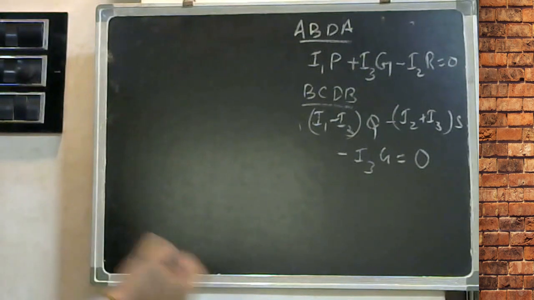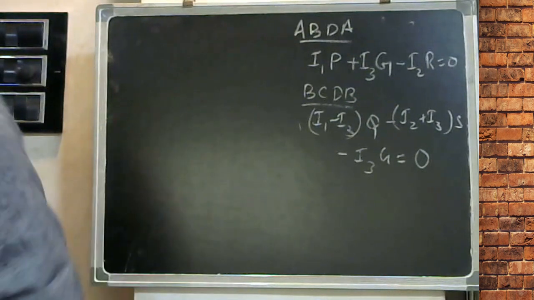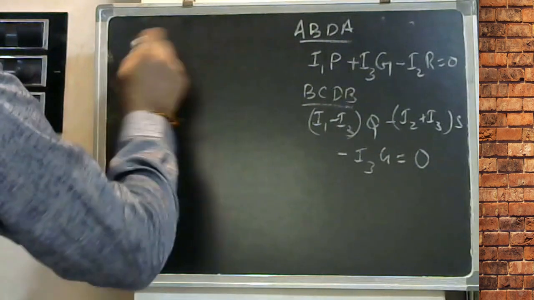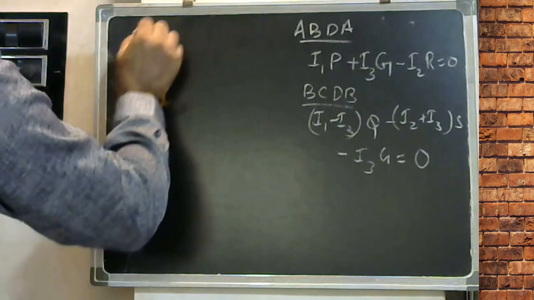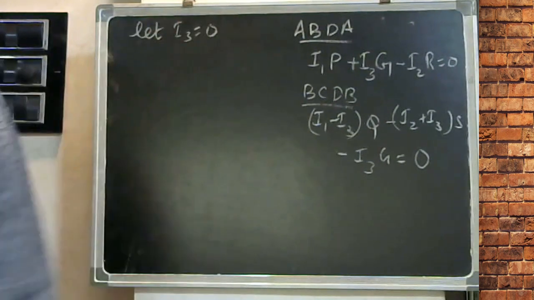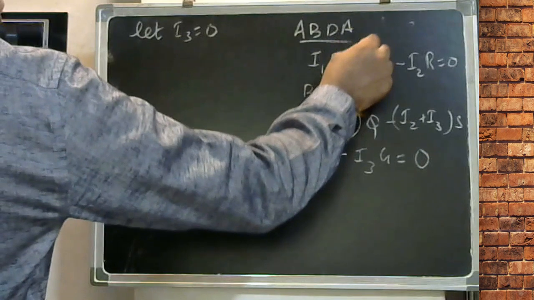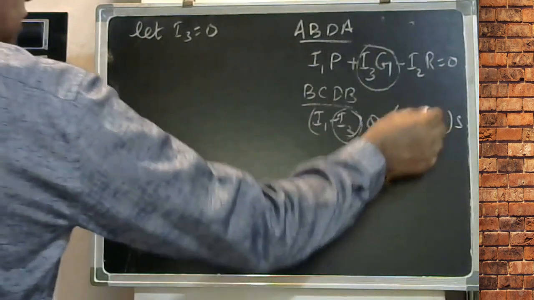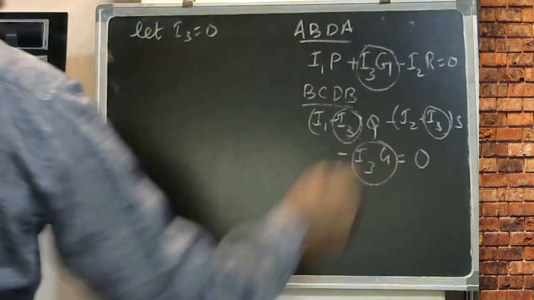Now, I'm going to prove the Wheatstone principle. So I'll not be using the third equation. So now in this we know P by Q is R by S, I3 is 0. Now let's go the reverse part. Let's imagine I3 is 0. Let's see what's happening. I3 0 in this will remove this out. I3 0, this is gone. All the I3s are removed.